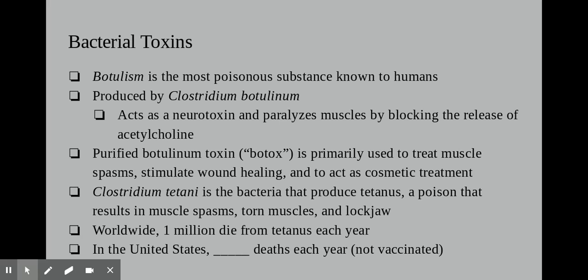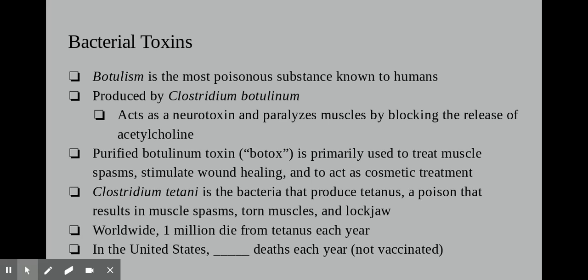Bacterias could have toxins. The real big one here is botulism, produced by Clostridium botulinum. It's a neurotoxin, so it paralyzes the muscles. That's dangerous. If you've heard of Botox, Botox is a form of the botulinum toxin. However, it's been purified.